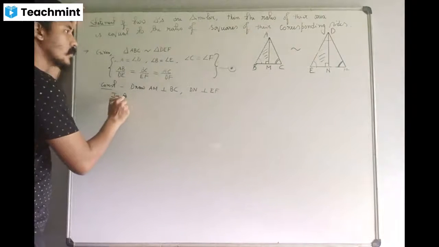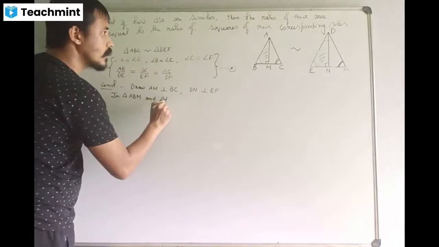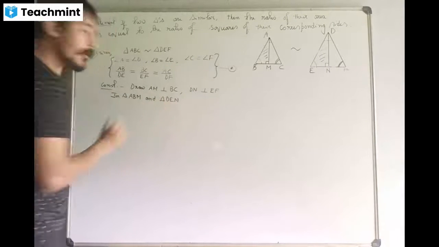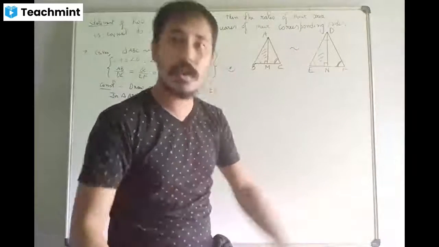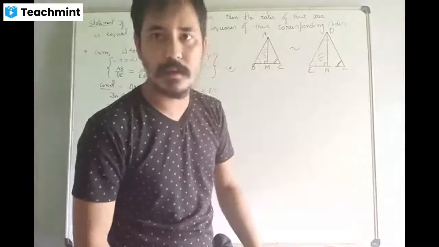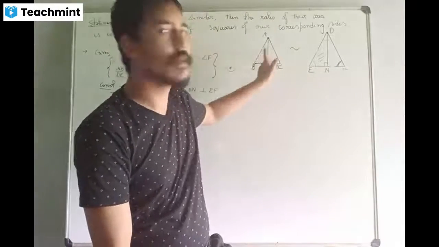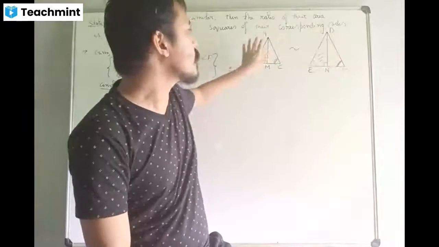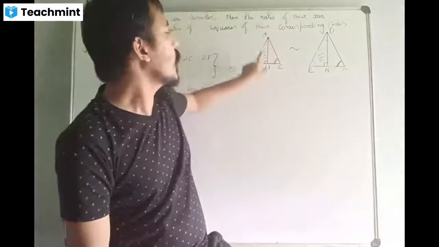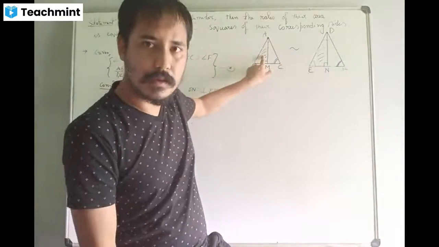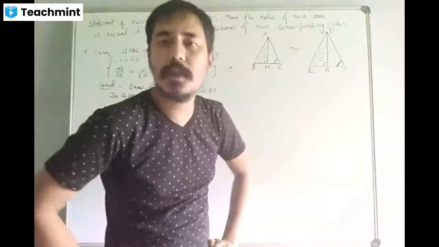So in triangle ABM and triangle DEN, how are you going to show that two triangles are similar? Very simple. If you can prove that any two angles of this triangle are equal to two of the angles here, then we can conclude that the triangles are similar.